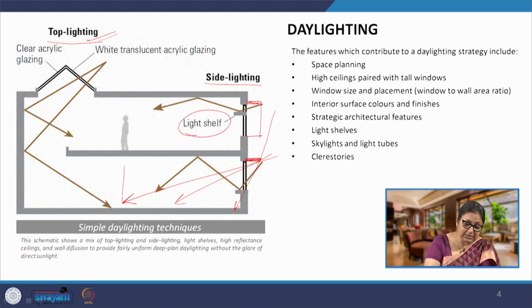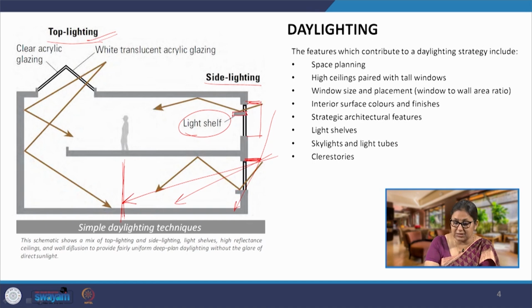Still, there is a limitation up to which this daylight can penetrate inside the room. Not more than 15 feet is what we see when the window is large enough and well designed. So, there is a limitation of how much this light can directly penetrate, and that too at specific times of the day.